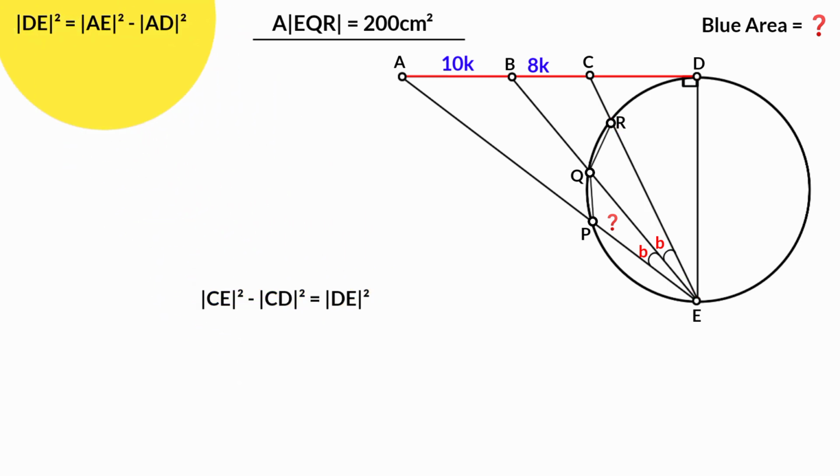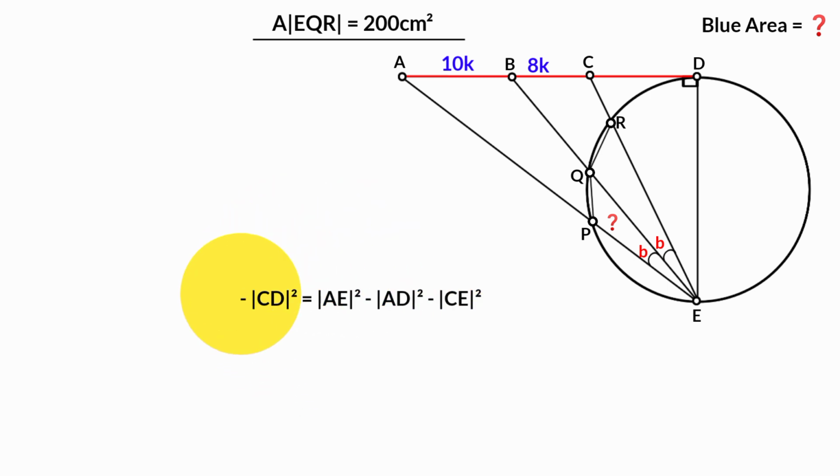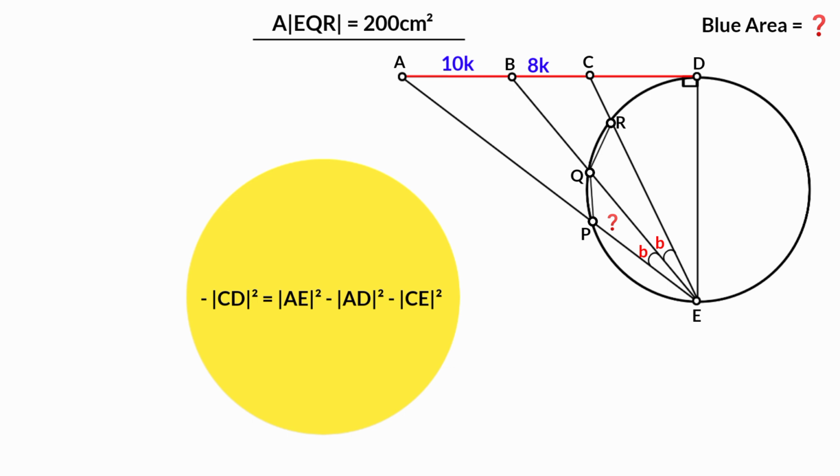Recall here we found line DE squared equal to line AE squared minus line AD squared. So we replace this line DE squared with line AE squared minus line AD squared. Now line CE squared minus line CD squared equal to line AE squared minus line AD squared. Take this line CE squared to the right hand side of the equation. So minus line CD squared equal to line AE squared minus line AD squared minus line CE squared.